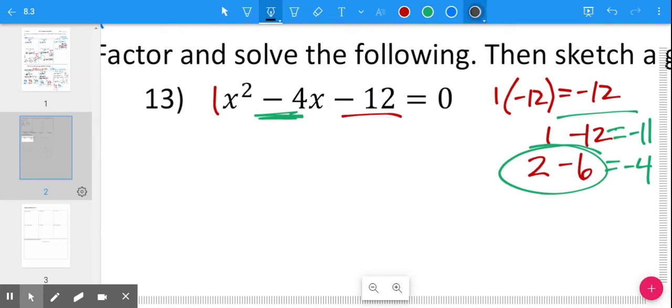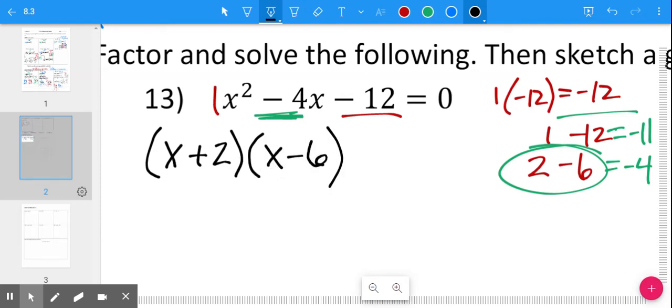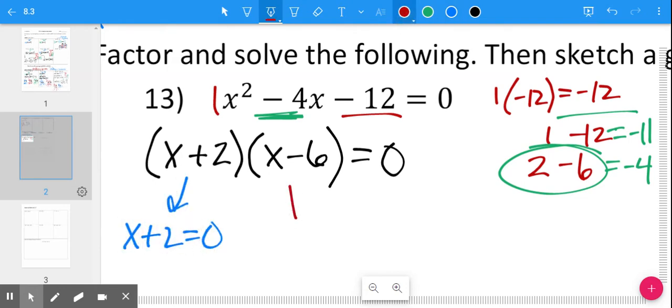And again, whenever a is 1, you just have to bring down your binomials, x plus 2 and x minus 6. So to find our roots, our x-intercepts, our solutions, our zeros, we set each of these binomials equal to 0. So we have x plus 2 equals 0 and x minus 6 equals 0.